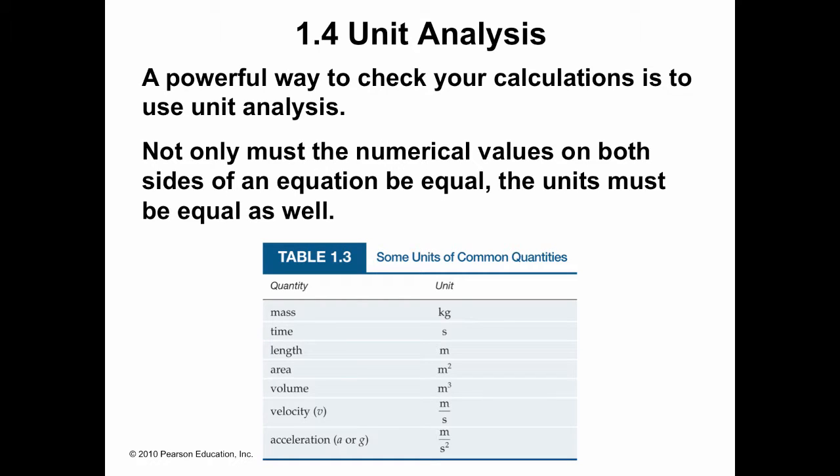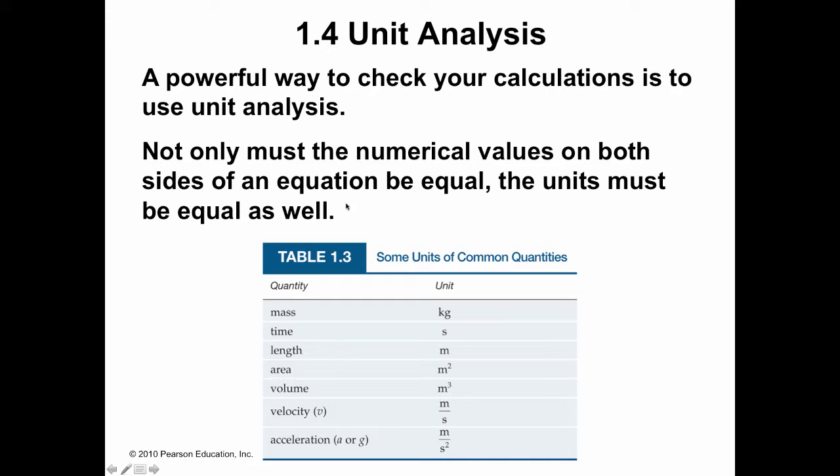Pretty cool. So then a powerful way to check your calculations is to use what we call unit analysis. We'll talk about this a little bit more, but basically what we do is if we're measuring a length over time, then our unit should be meters per second.